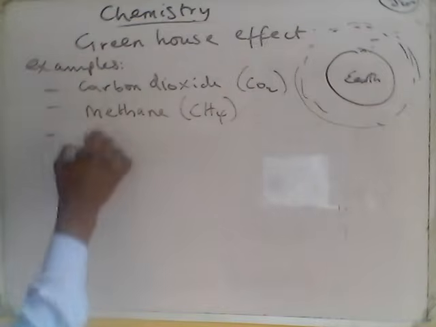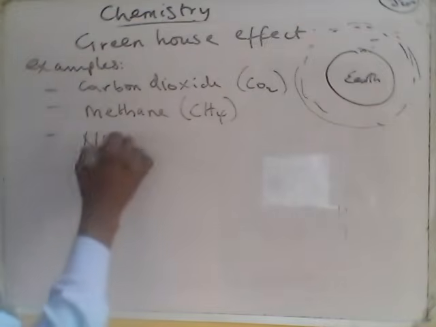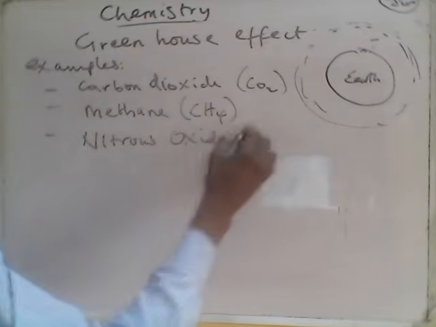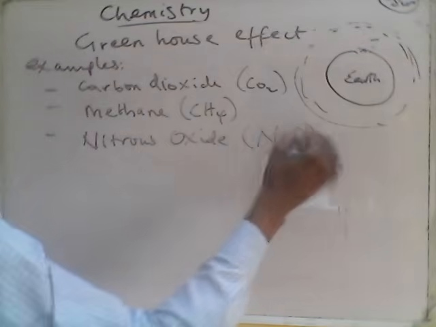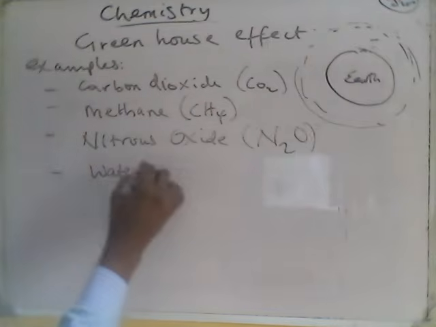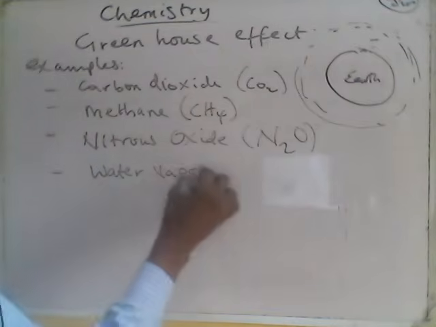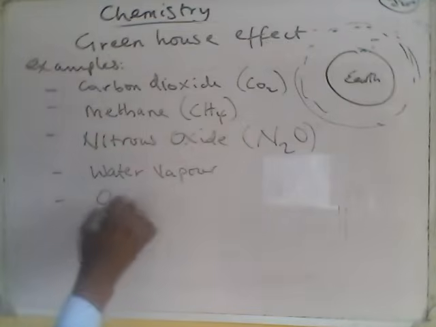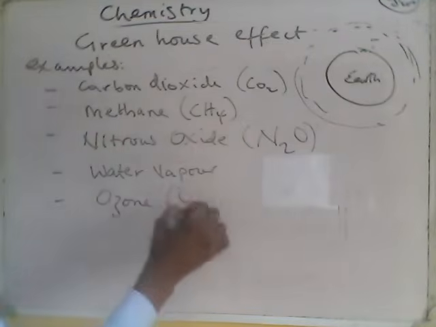Then nitrous oxide can also cause greenhouse effect. Nitrous oxide is another example. And the water vapor can cause greenhouse effect. This one is interesting because we always produce water vapor all the time. Then ozone is oxygen, 3 molecules of oxygen.